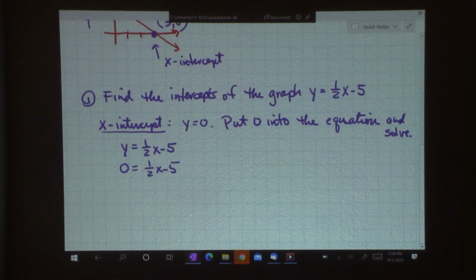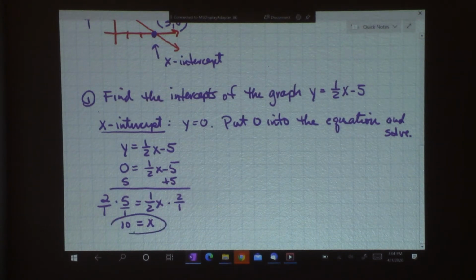So now I want to move my 5 and my 1/2 away from the x to solve. So I've got plus 5. And now I have 5 over on this side. And what do I do to get rid of the 1/2? Well, I multiply by the reciprocal, which is 2 over 1. And I end up with 2 times 5 is 10.